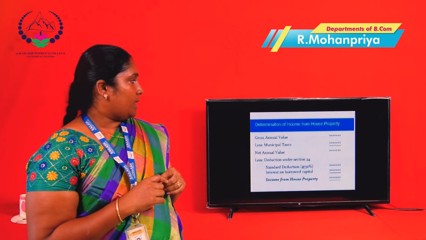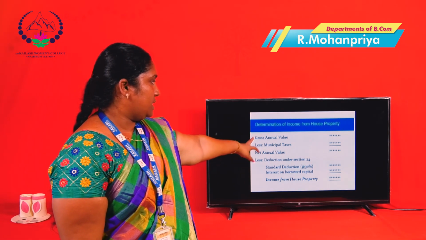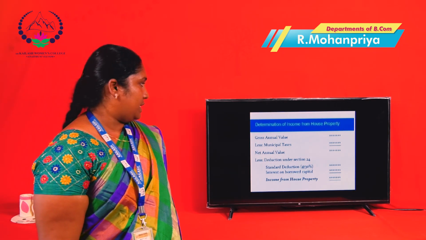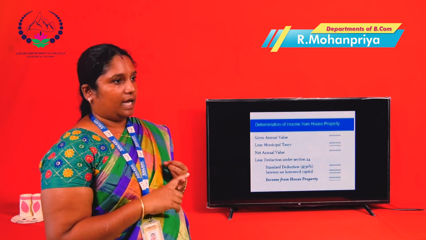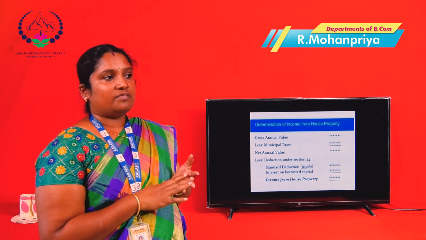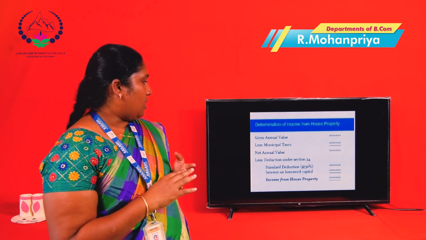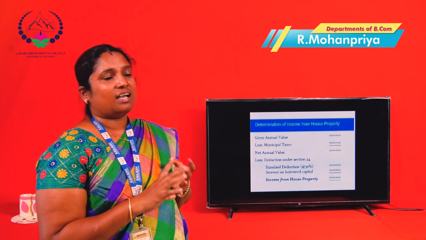Next, income from house property. This process is only for income from house property: gross annual value minus municipal tax paid is the net annual value. Then how to calculate income from house property? First one is standard deduction.